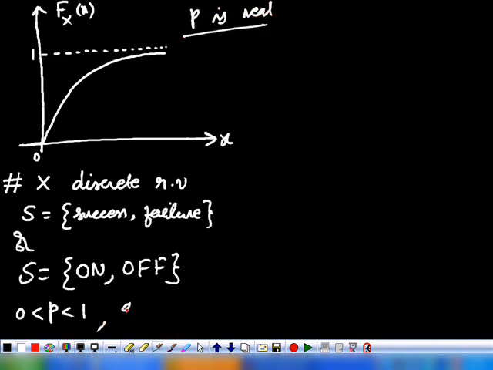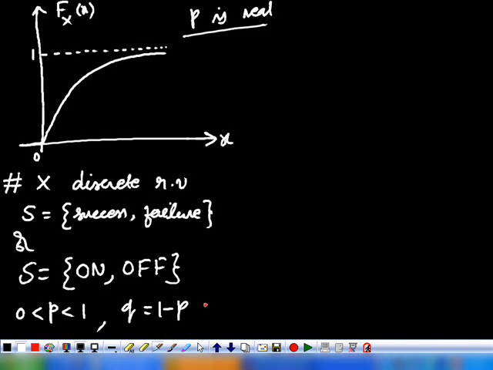Then you can take Q, which is equivalent to 1 minus P, as the probability of failure, because we have only two chances, on or off. Just like the coin tossing experiment, we have only two possibilities, head or tail. Such trials are the Bernoulli trials.